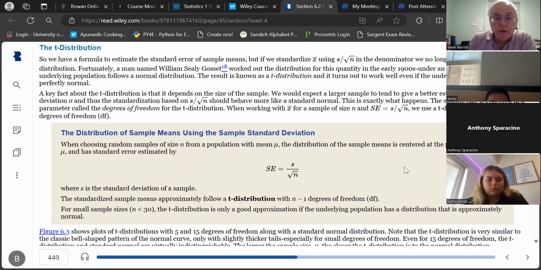It mentions here that for small sample sizes, the t-distribution sometimes doesn't work very well. However, in our course, 2 possibilities will exist. Either the population is normal, and if you remember, the central limit theorem says that if the population is normal, then the sampling distribution will be normal regardless of how big or small the sample size is.